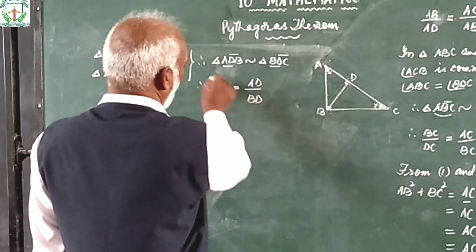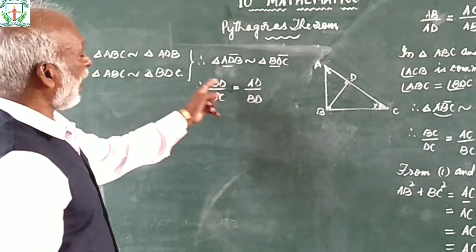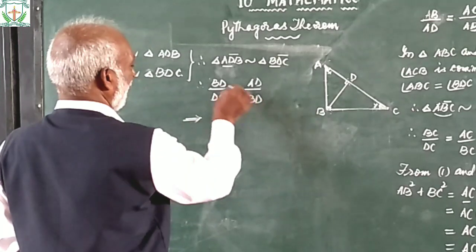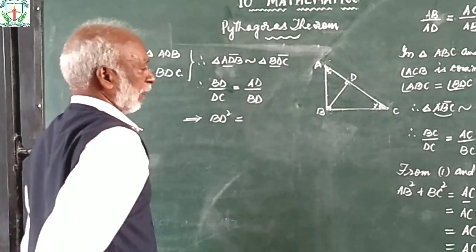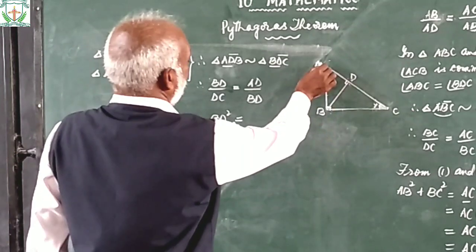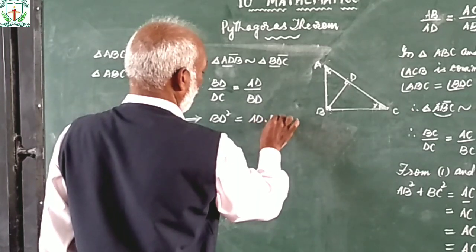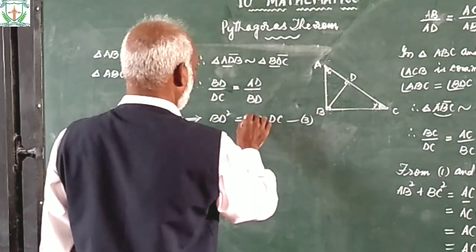If I cross multiply, what do you get? BD into BD, BD square, is equal to AD into DC. This is the third result. This is also very important.